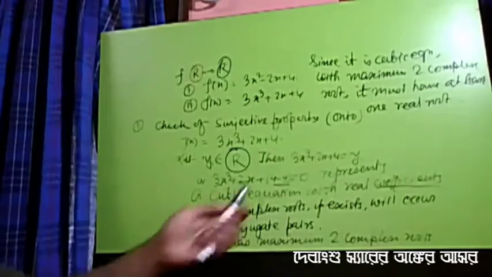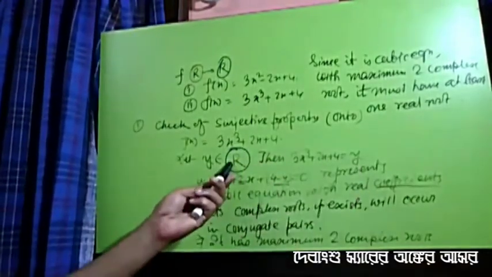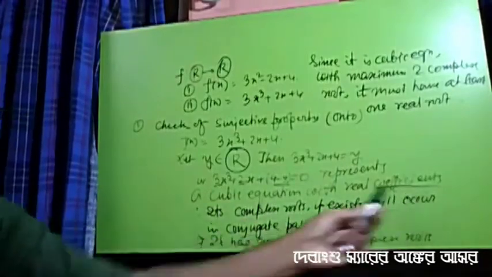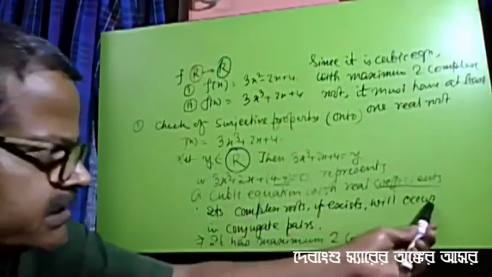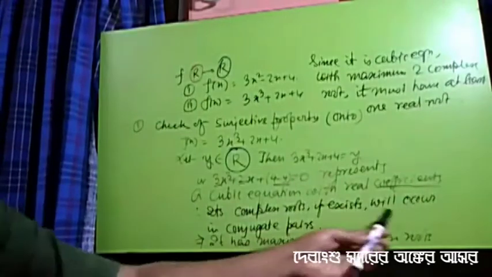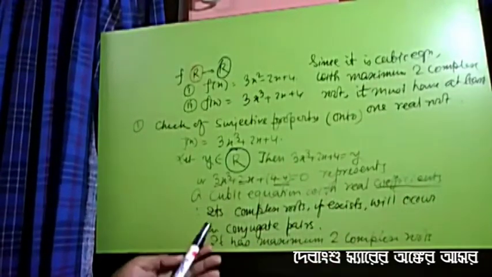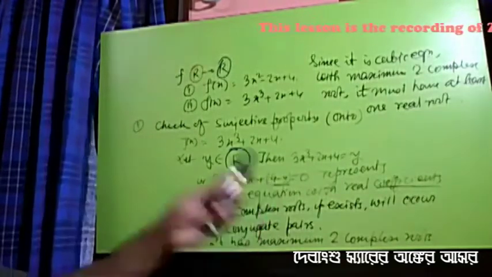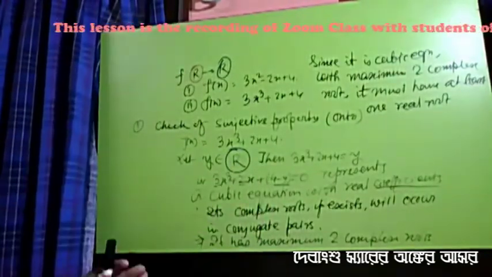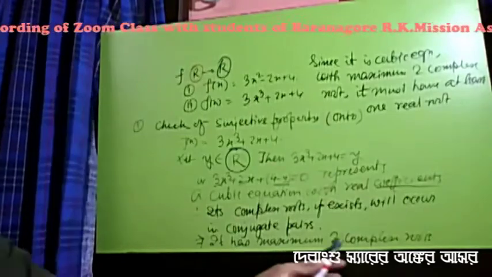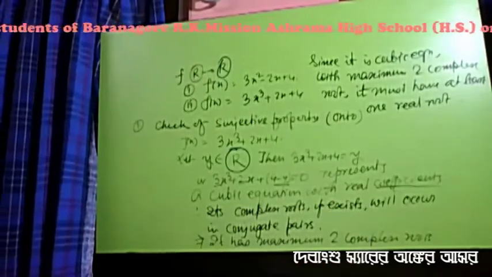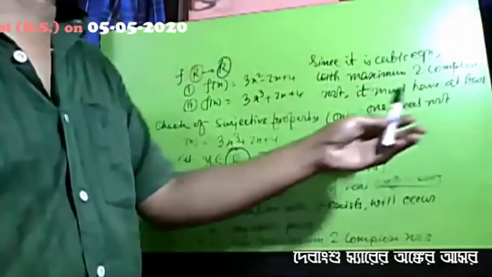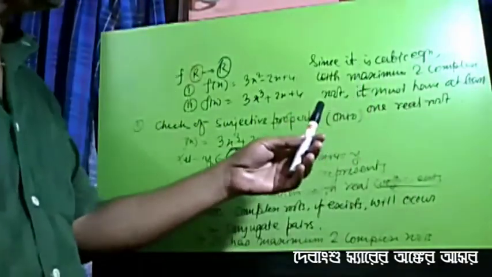Again I repeat. Y belongs to the real numbers. So this cubic equation with real coefficients, its complex roots, if they exist, will occur in conjugate pairs. So there will be 2, 4, 6, like this number of complex roots. Since it is a cubic equation, it has 3 roots, so it can have maximum 2 complex roots. So the third must be real. That's why I say at least 1 real root. Why at least 1?